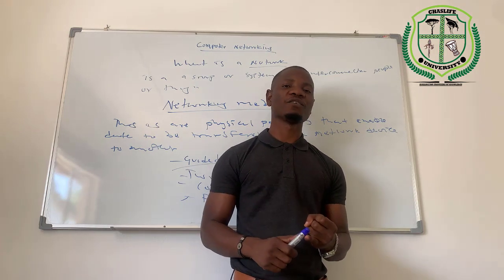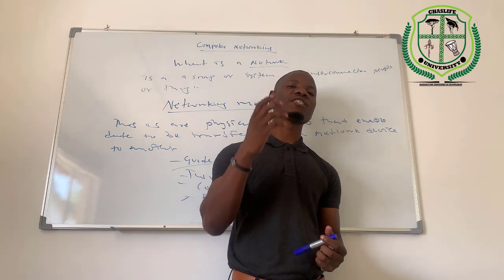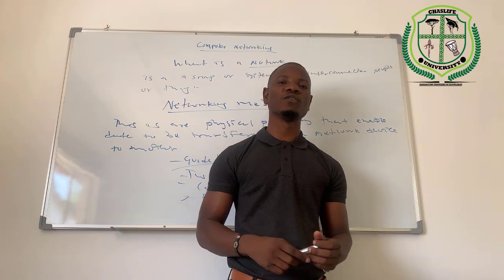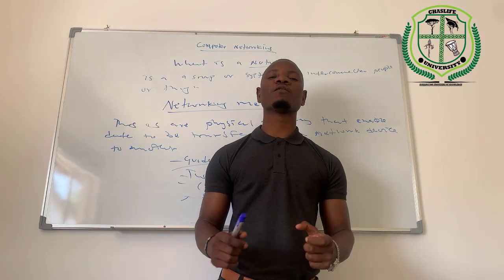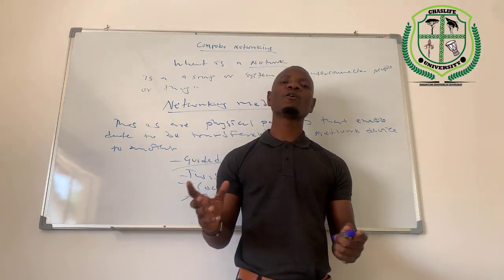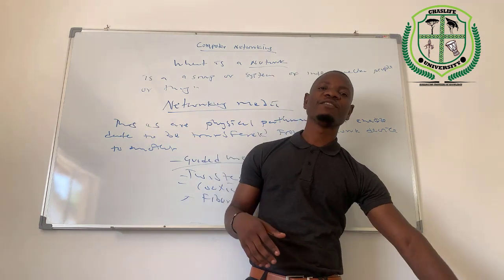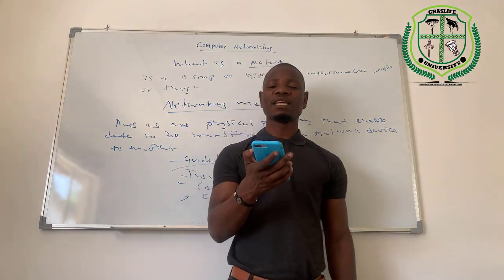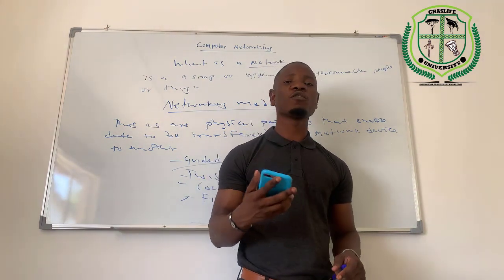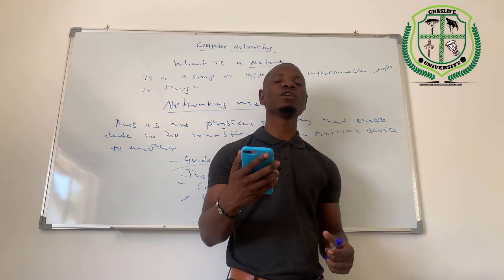Some common examples of unguided media are the radio wave. The radio wave transmits data through the air or space without using physical cables. For example, the way a cellular phone operates, the way you are able to make calls and connections on your phone, is done as a result of radio waves, which are unguided.